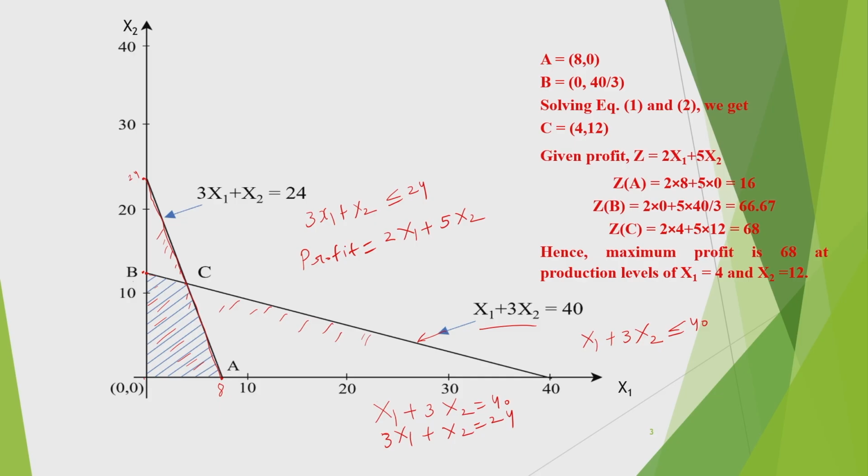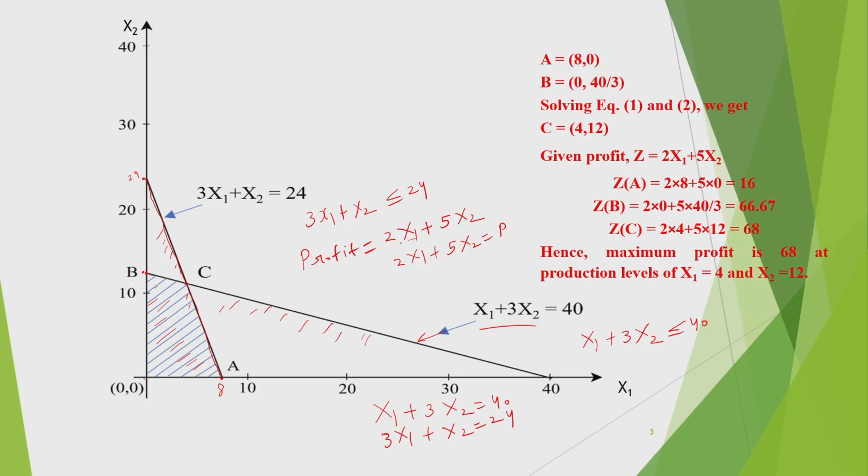That is one way of doing that. The other way could have been this: I know that my profit is 2x1 plus 5x2. So suppose I draw some line parallel to this, 2x1 plus 5x2 is equal to some profit, which may be some constant term, and you can take any value of that profit, that doesn't matter.